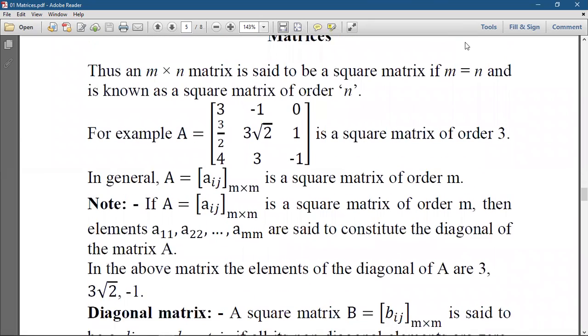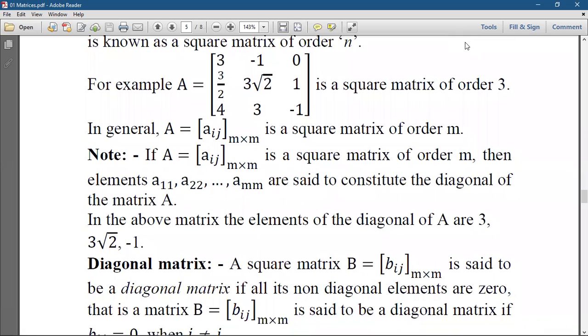For example, let us consider a matrix A equals 3, minus 1, 0; 3 by 2, 3, root 2; 1, 4, 3, minus 1. It is a square matrix of order 3 because it contains 3 rows and 3 columns, and both are equal.